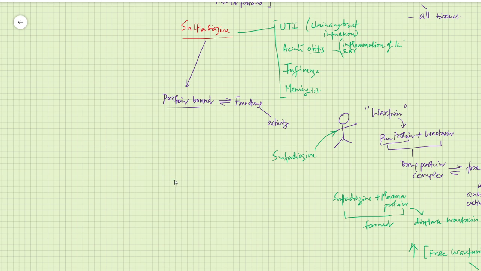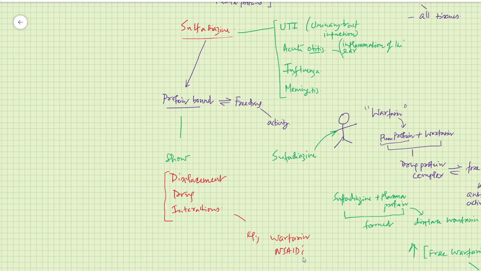Okay, so this is called, what do they show? They show displacement drug interactions. Okay, with what kind of drugs? Highly protein bound drugs like warfarin, or for example with warfarin, NSAIDs.